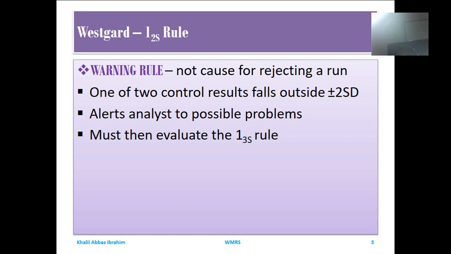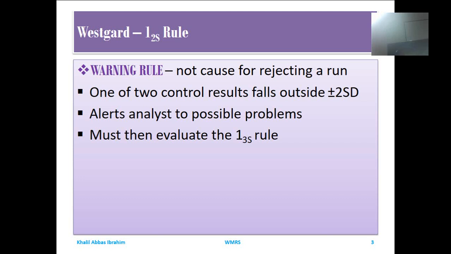One value obtained from analyzing control material lies outside plus or minus 2 standard deviation. So it is a warning. It alerts analysts to a possible problem. You do not need to reject or cancel the analysis, but you take action and investigate to see what the potential problem behind this phenomenon is.